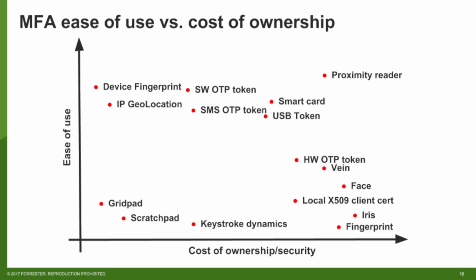And so you just need to understand the dynamics here, and that there are trade-offs you have to make between ease of use versus the cost of ownership. And these are all relative in the sense that we're not saying that things that are on the far right are too expensive to deploy. I mean, there are companies that do rely on them, but it's just making sure you're aware of what these relative trade-offs are between the different types of form factors.